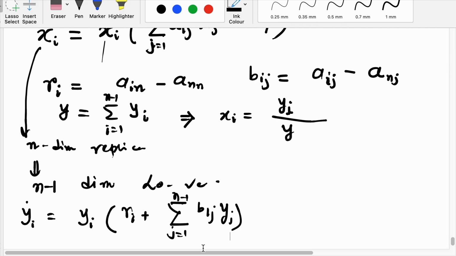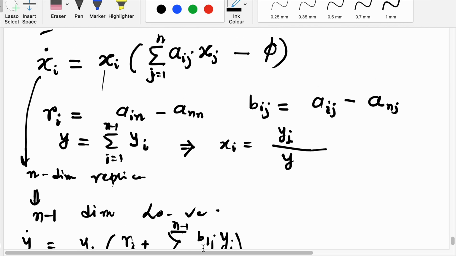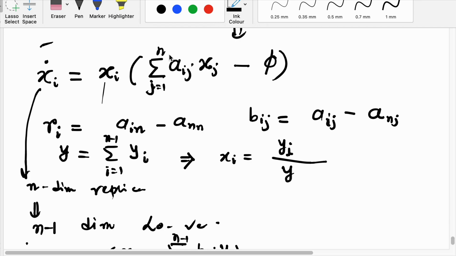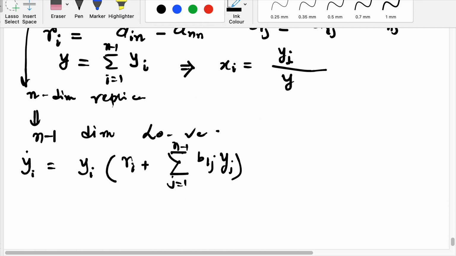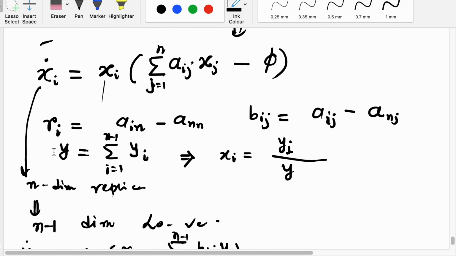Because this replicator dynamics came very recently, but this Lotka-Volterra equation was there previously for a lot of years. So all the results which people have studied and obtained from the Lotka-Volterra equations, now we know that since the n minus 1 Lotka-Volterra equation can be obtained exactly mathematically from the n dimensional replicator equation, all the results will be valid for those replicator equations.